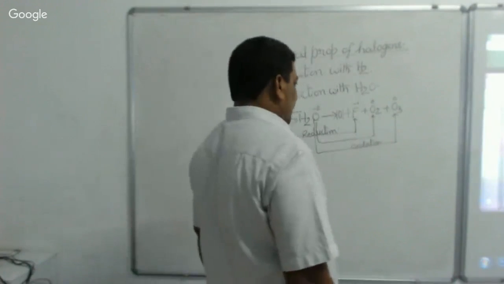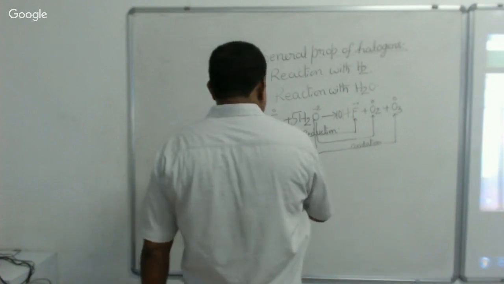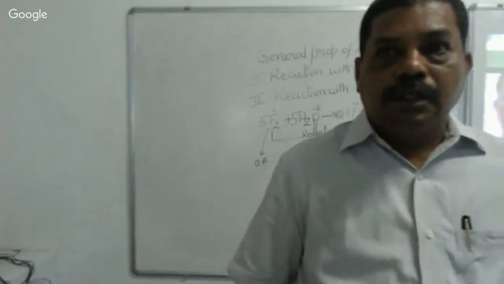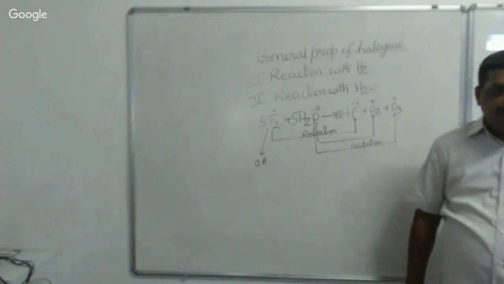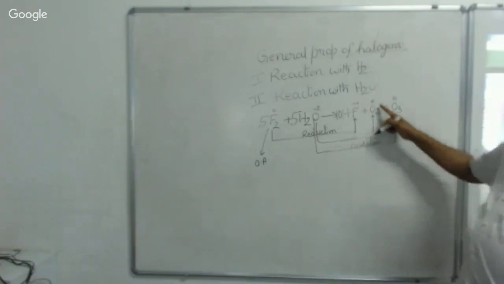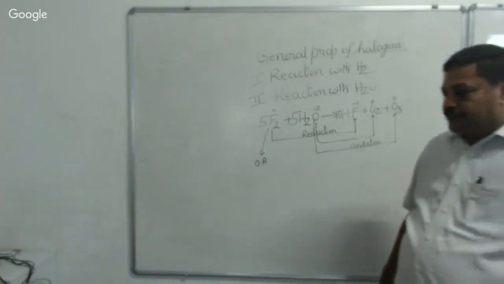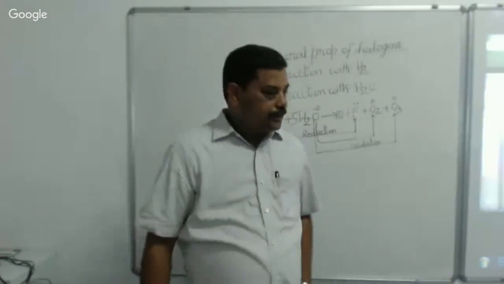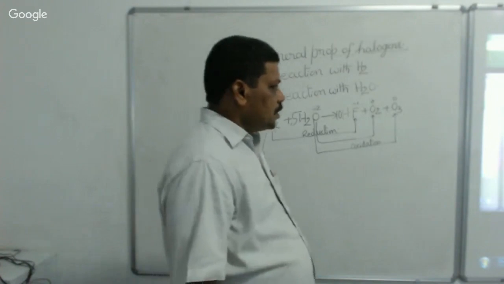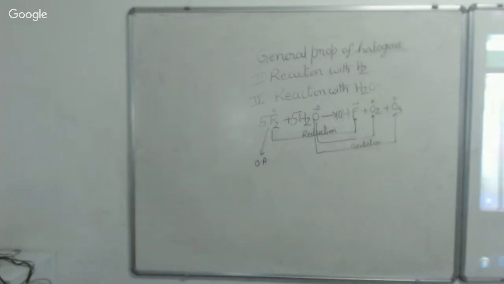Now in this reaction, chlorine acts as an oxidizing agent. So in this reaction, chlorine oxidizes oxygen from -2 to 0.